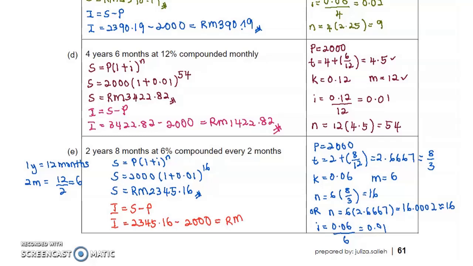So the interest is RM345.16. Okay, so that's how you calculate the compound amount, which is value S, and interest I equal to S minus P. Make sure you don't confuse it with simple interest. With compound interest, you must have the word compounded here.